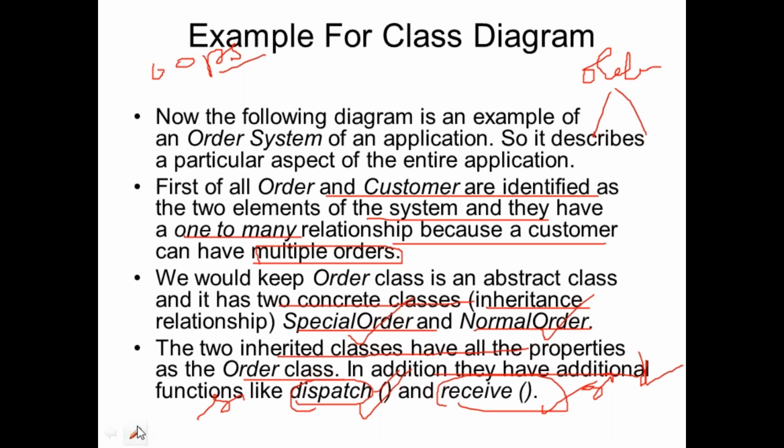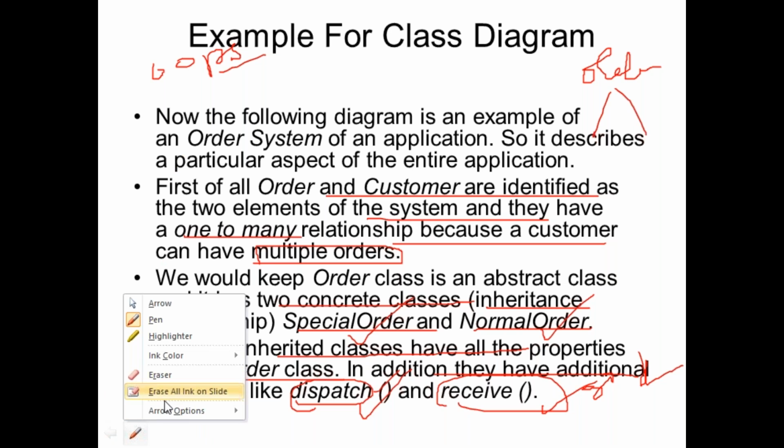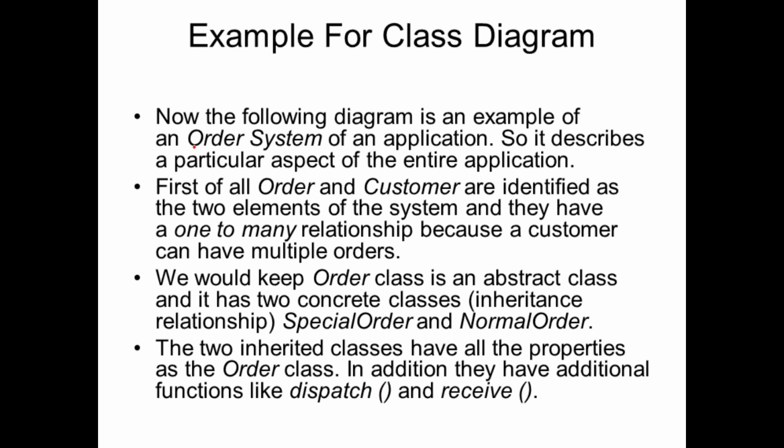If you look at the order system of an online application, when we talk about the relationship between the customer and the orders and what the customer is responsible for, that is defined under the functions, and the customer has certain attributes.